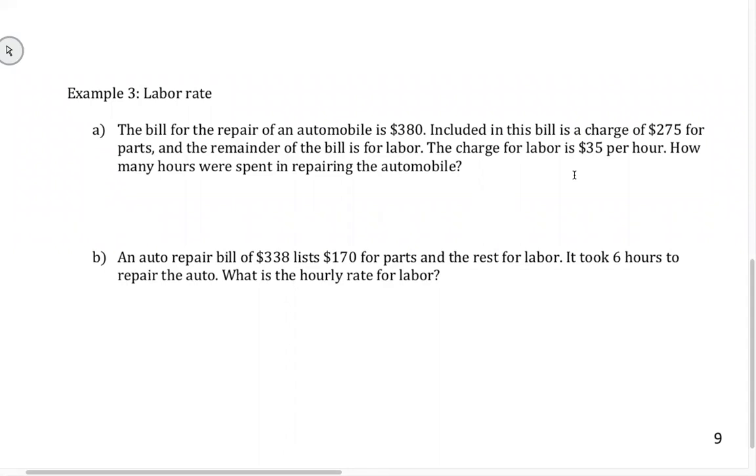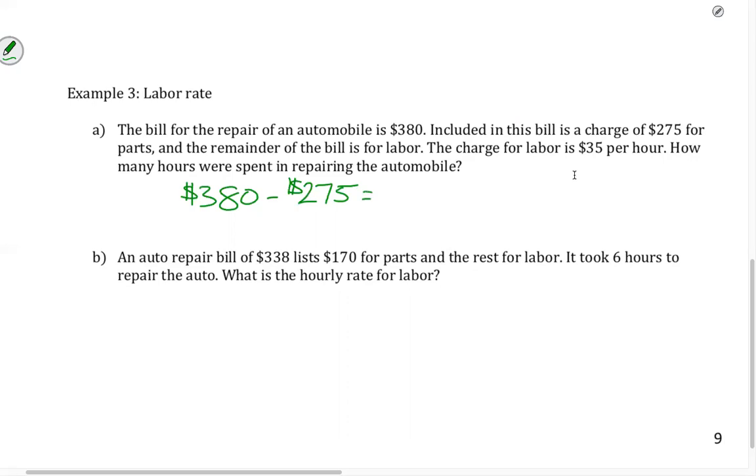So it says the charge for labor is $35 per hour. How many hours were spent in repairing the automobile? So what I need to do is figure out how much of my bill was spent on labor. So it says $380 was my total, which is not too bad, and $275 was for parts.